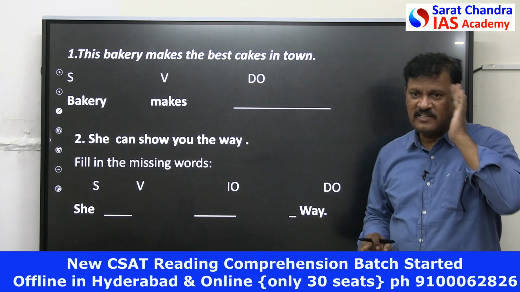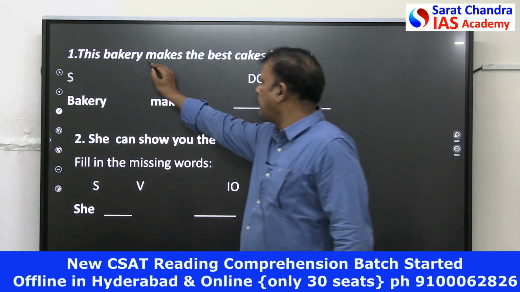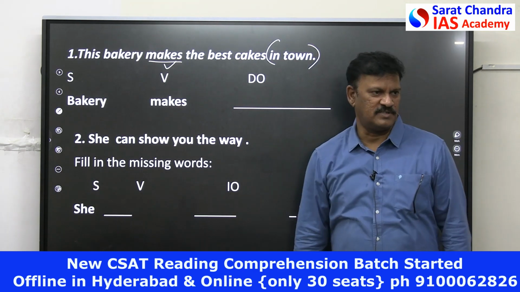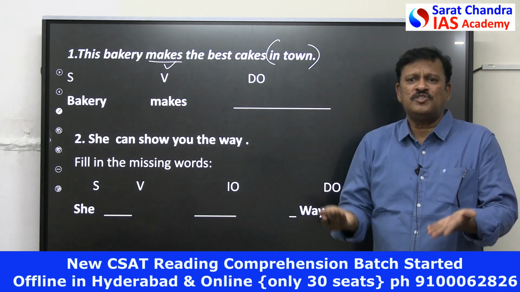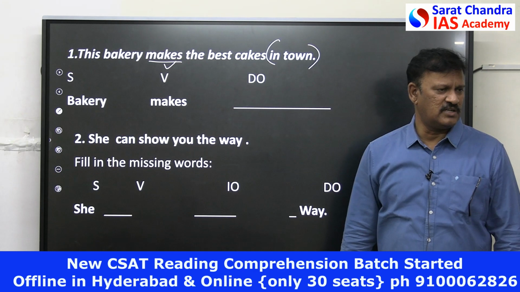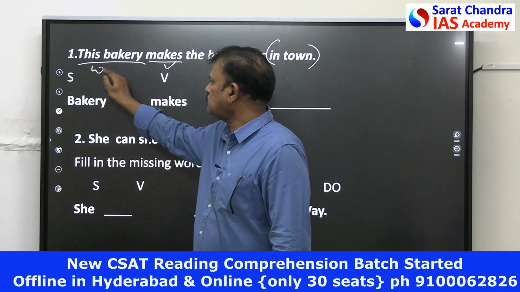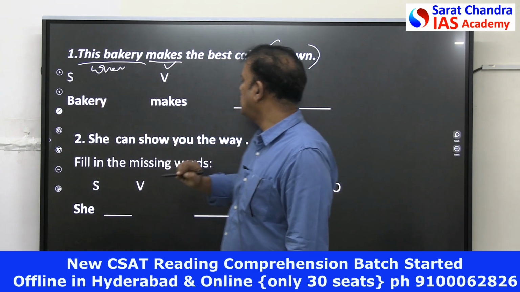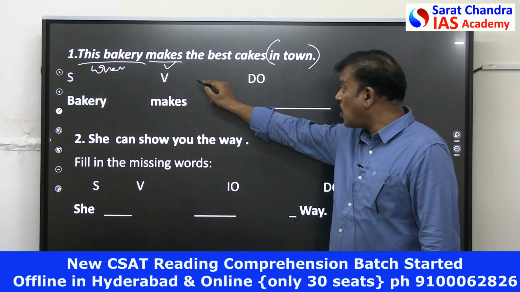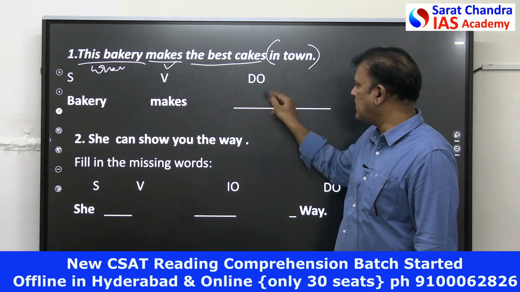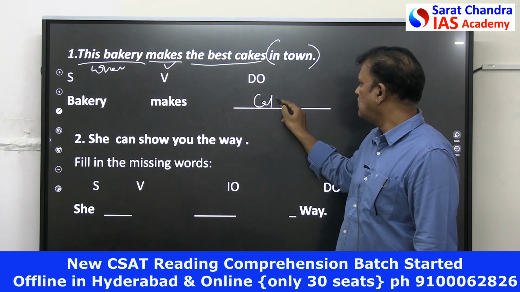First step is identify the verb, then remove the extra information. Extra information. Now, left and right, you put questions, automatically you come with the answers. Already I got the subject. Now, bakery makes what? Direct object.